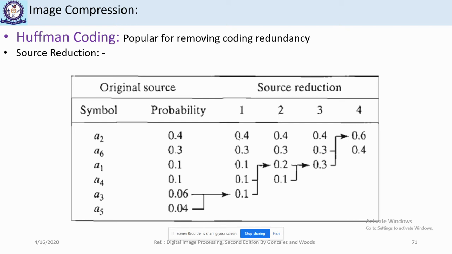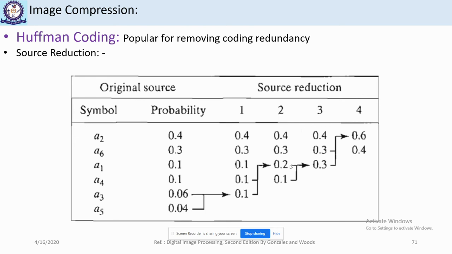So 0.4 is as it is, 0.3 as it is, then 0.2 comes here, and 0.1 goes at the bottom, since it is the least among these four probabilities.